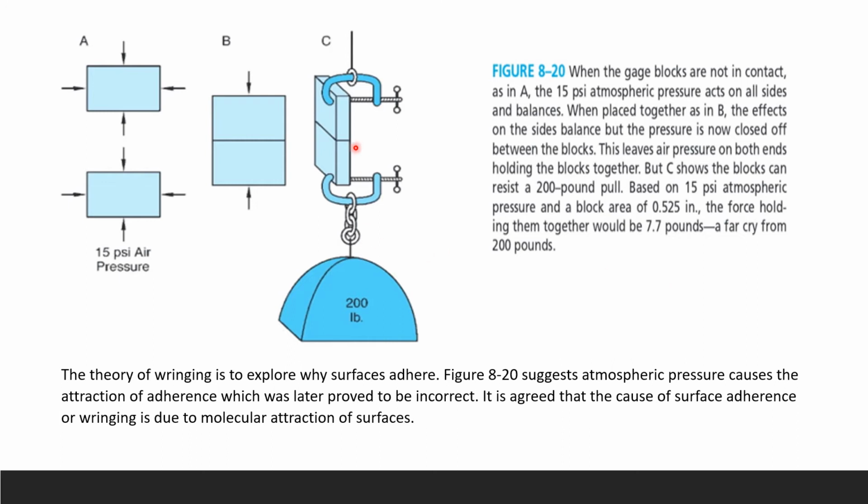The force holding them together is going to be 7.7 pounds, a far cry from the 200 pounds. So that's the amazing property of pressure and force. And again, the adherence force or attraction in between these blocks follows this theory of ringing.